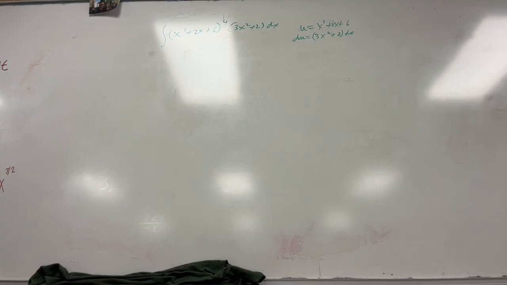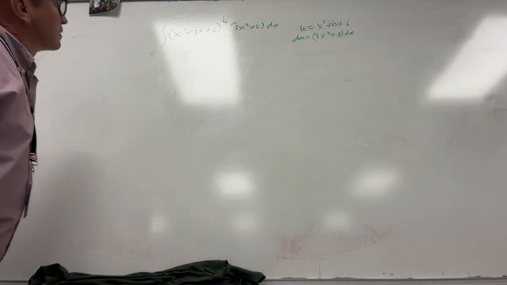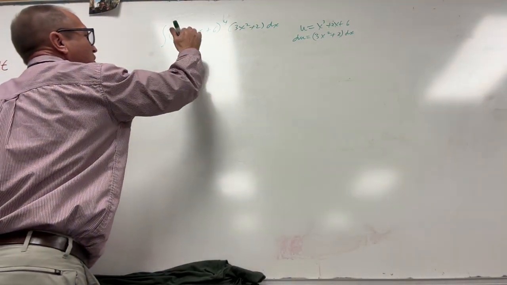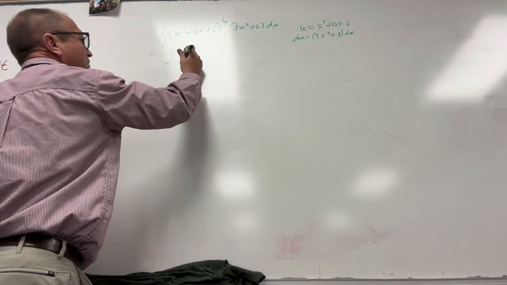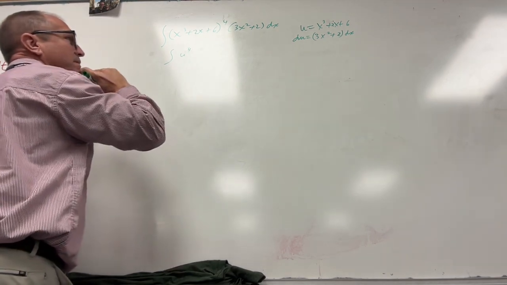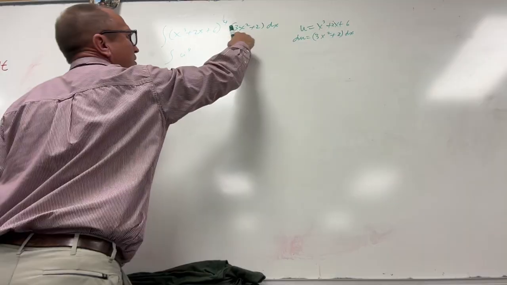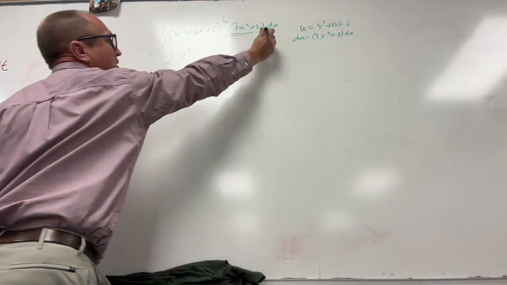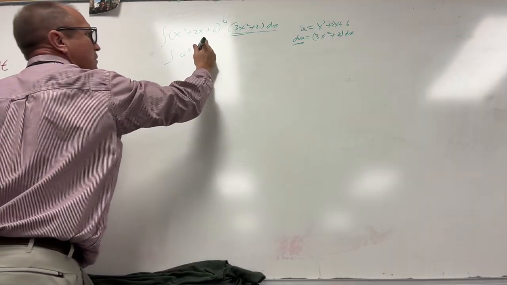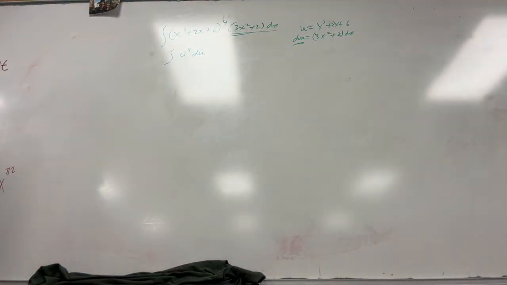All right, so what are we left with here? Well, I'm saying that u is equal to this value right here. So it's the antiderivative of u to the 4th, right? Yep. And the remaining portion here is my du. So it's u to the 4th du.